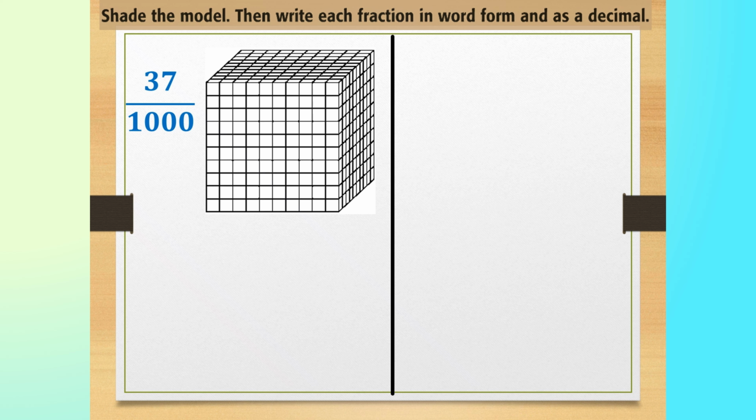In this example, we want to shade 37 out of 1000 on the 1000 grid model. So if you count from top to bottom, you have 10 small squares. 1, 2, 3, 4, 5, 6, 7, 8, 9, 10. So remember we have 37, we'll shade in tens to get 30, and the 7 we will shade one after the other.